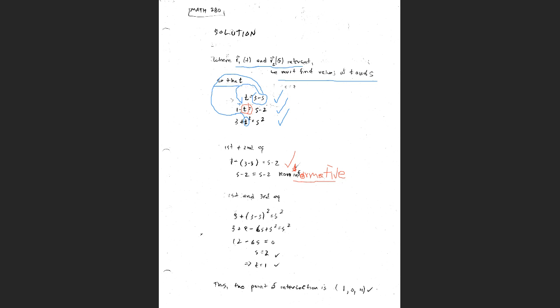And that's going to get me 3 plus the quantity 3 minus s squared equals s squared. And I'm going to solve that, and I'm going to get s equals 2. So I'm going to get a value of s that works. And if s equals 2, then by the first equation, t equals 1.